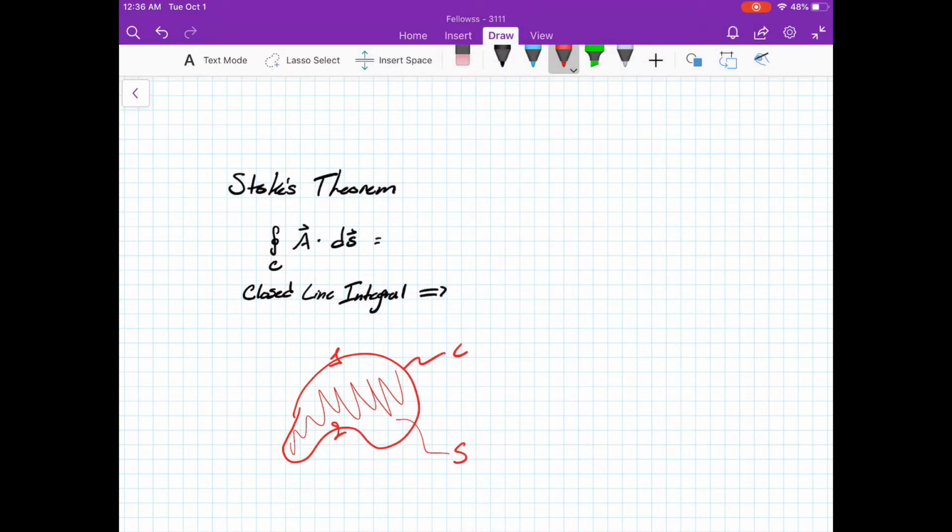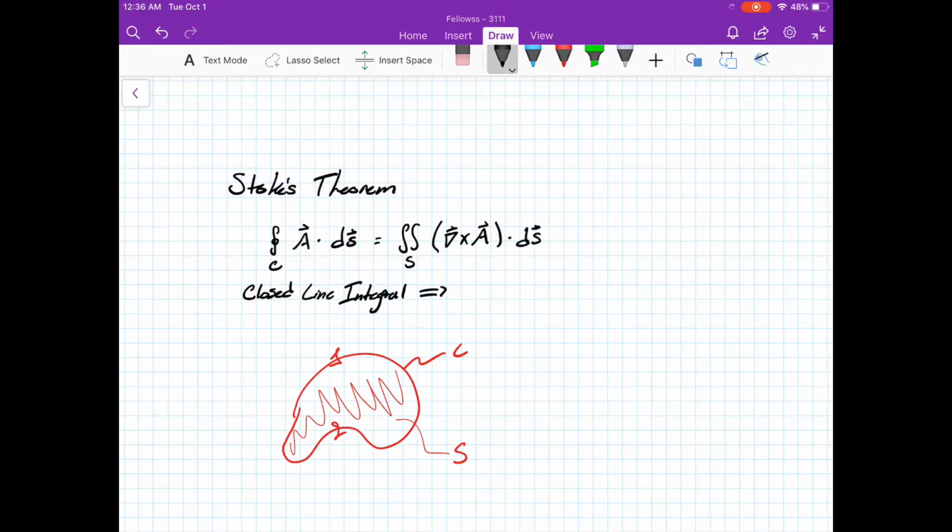We can take advantage of the fact that there are two entities here, a curve and a surface, and we can say this is the same as an open surface integral over the surface S of the curl of the vector field dotted with dS, right?